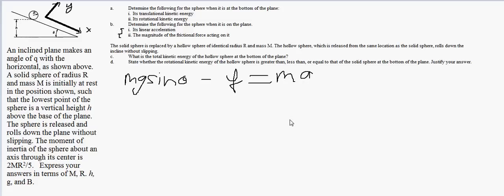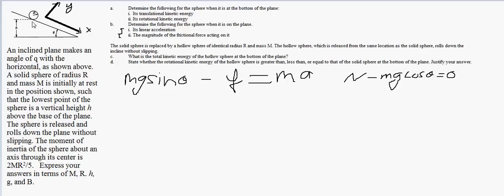And the second thing you know is the equation in the y direction: N minus mg cosine alpha is 0. But this one is not going to help us. We need the torque equation too, the sum of the torques.